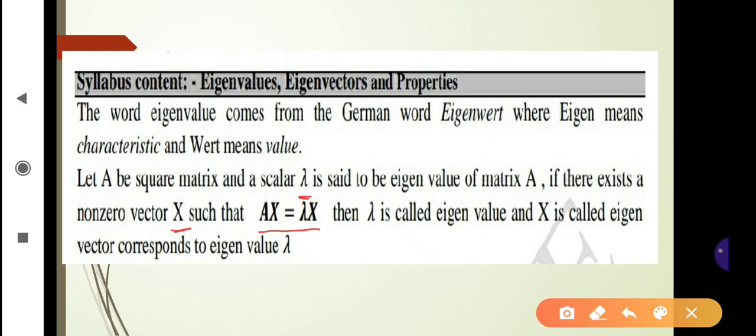That time this lambda is called the eigenvalue and the vector x is called the eigenvector corresponding to the eigenvalue lambda. Once again, whenever lambda satisfies the equation Ax equals lambda x, lambda is called the eigenvalue and capital X is called the eigenvector corresponding to the eigenvalue lambda.